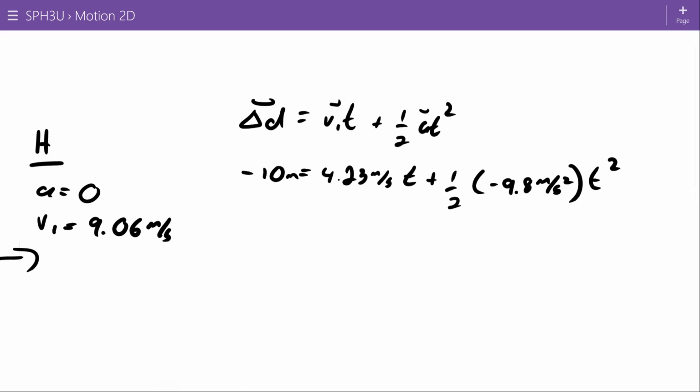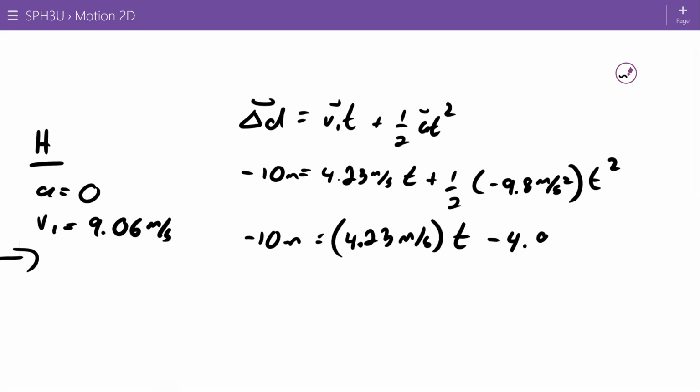And I'm just going to simplify this a little bit, not even all that much. Negative 10 meters equals 4.23 meters per second T. I'll just put that in brackets just so that's clearly separate from the variable. Minus 4.9 meters per second squared T squared.